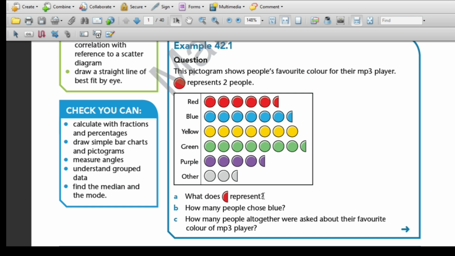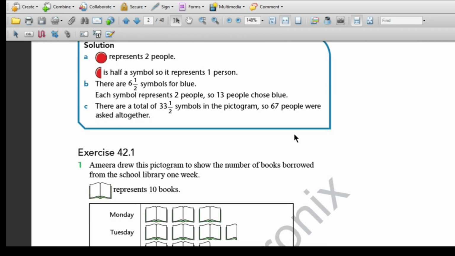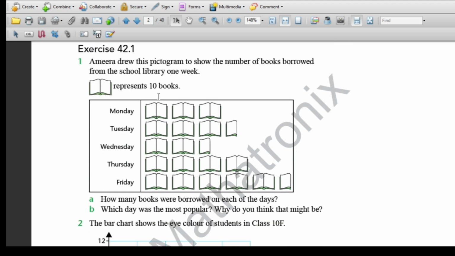Each half represents a value, summed over all values. So this is just an example, and now we'll solve exercise 42.1.